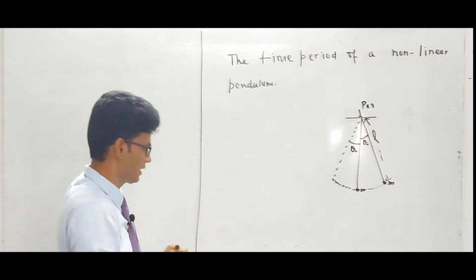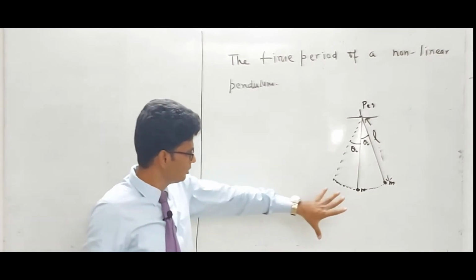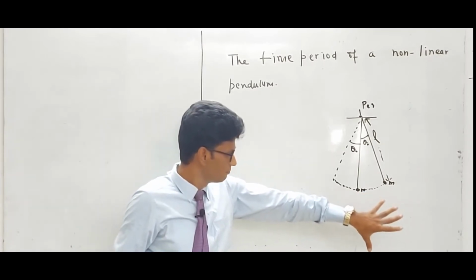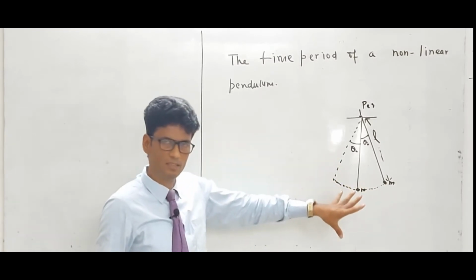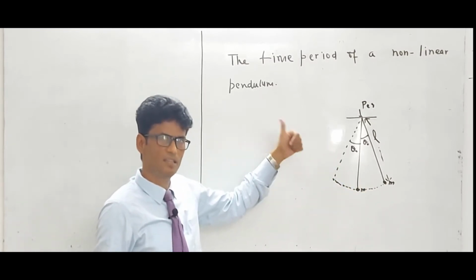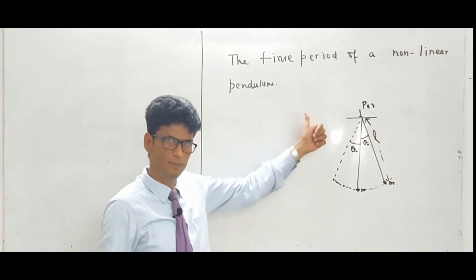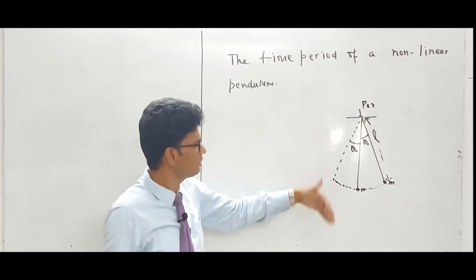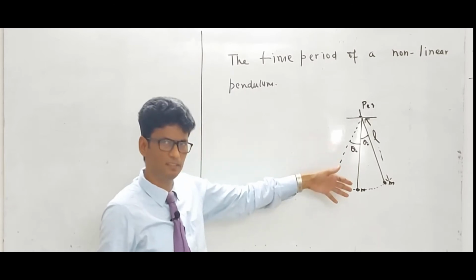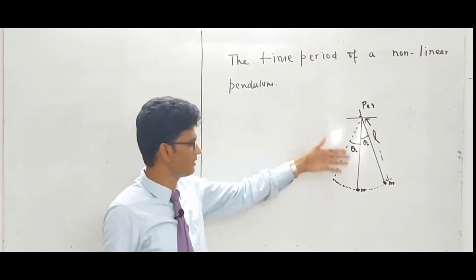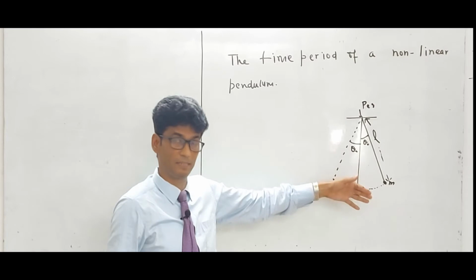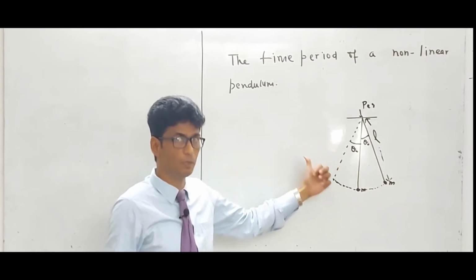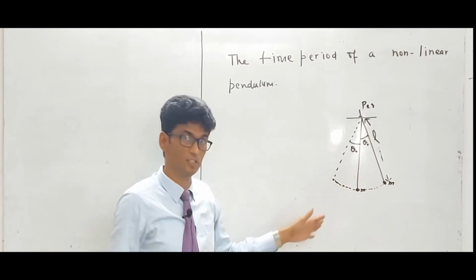But in this case, we are not taking the earth and its radius as we have taken in case of the linear pendulum. So if we are not taking into account how the earth is indirectly there, this time we have taken mg vertically downward. But that time, in the case of a linear pendulum, the force is toward the center of the earth.